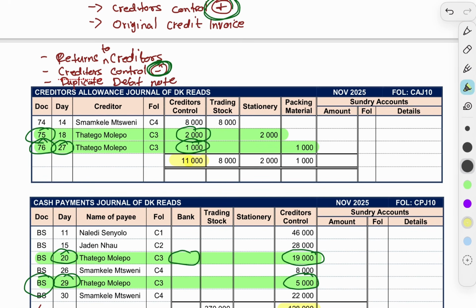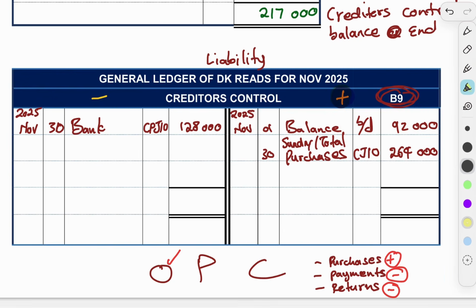Okay, so returns worth 11,000 were made, so they reduce the account. Okay, so it's going to be 2025 November the 30th. You don't have to repeat the day, the year, the month. Okay, still the same, it's recorded.